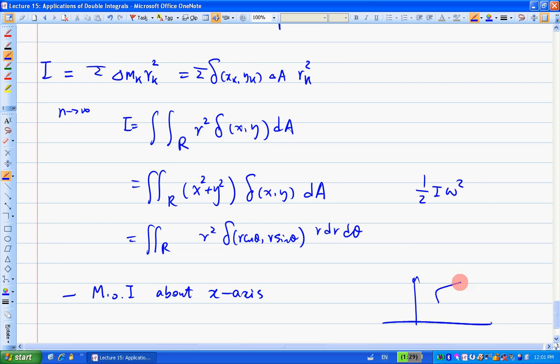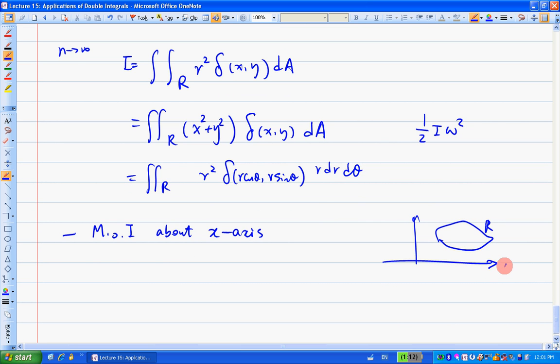You have a region R over here and you're looking at the moment of inertia about the x-axis. Basically, you're trying to initiate a rotation of this R about the x-axis, and you want to know how hard it is. That is represented by the moment of inertia. This is called Ix.